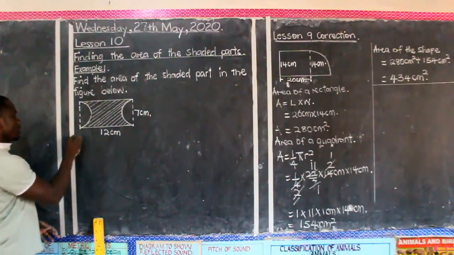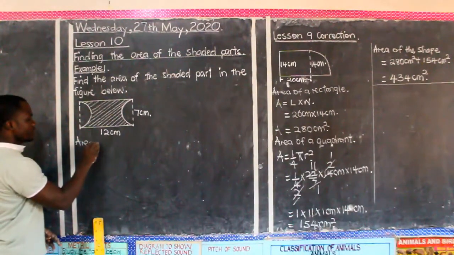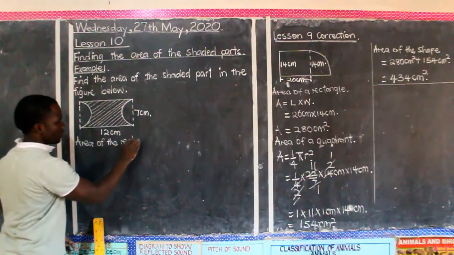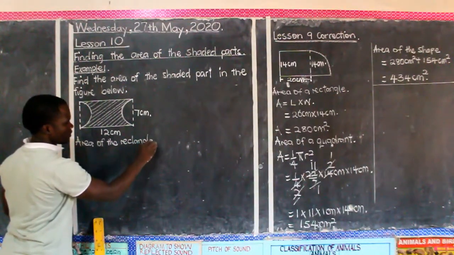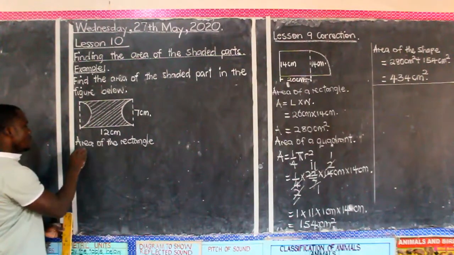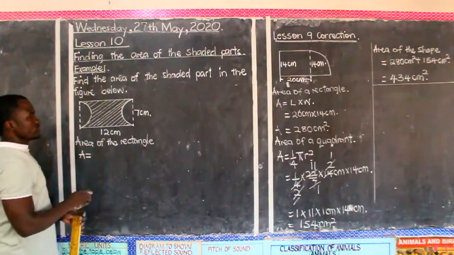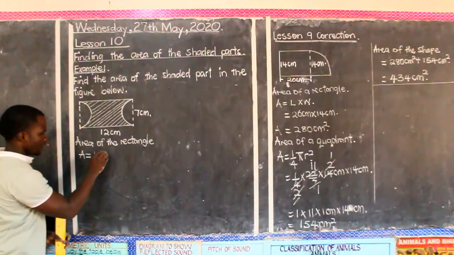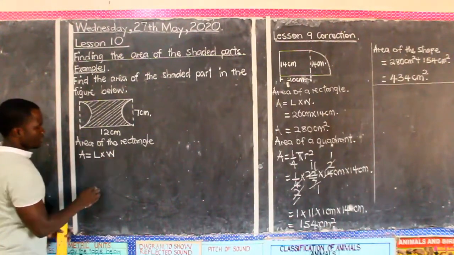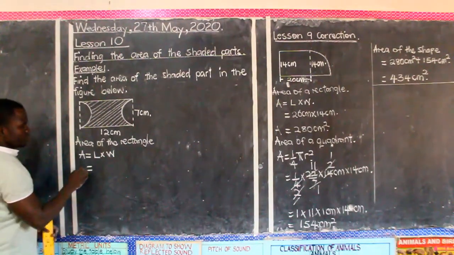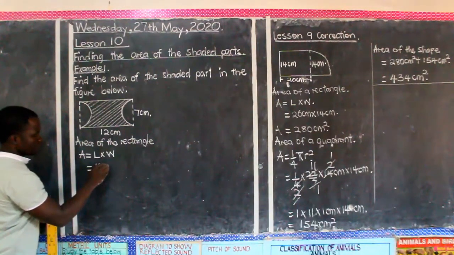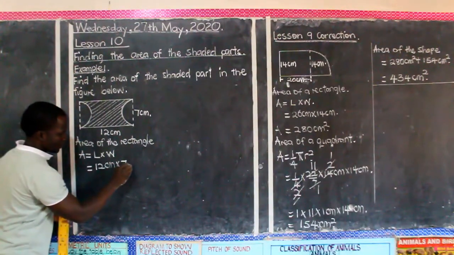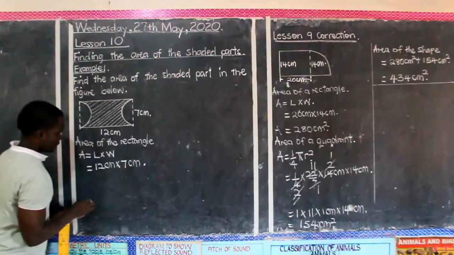Now, I'll begin by getting the area of the rectangle. Area of our rectangle equals length times the width. The length is 12 centimeters times the width of 7 centimeters.